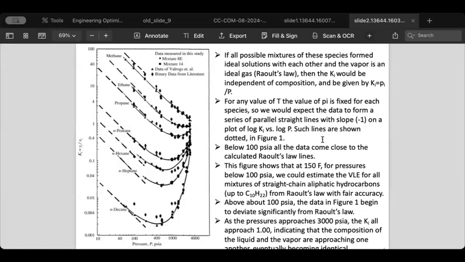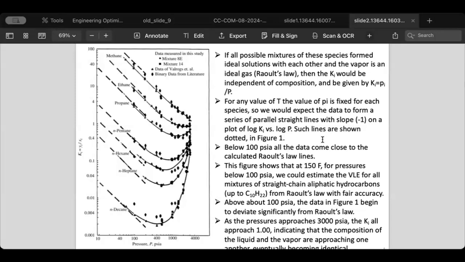K is y over x, right? We expect the composition of the vapor to equal the composition of the liquid. So what does it mean when the compositions are the same for both phases? We cannot distinguish between vapor and liquid because both phases approach the same state, the same phase.